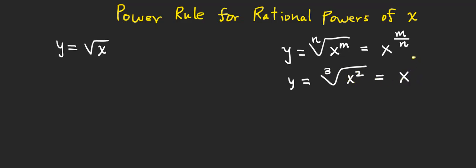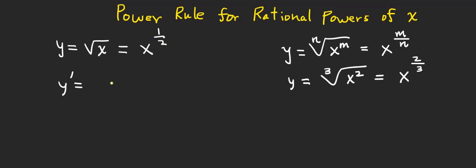So if you want to find the derivative of y equals radical x, let's rewrite this as x to the 1 over 2. If you don't see an index, there's an invisible 2. Now you can apply the power rule.